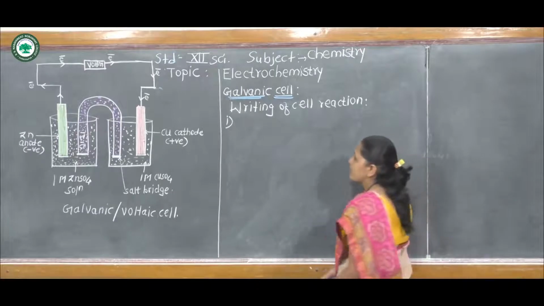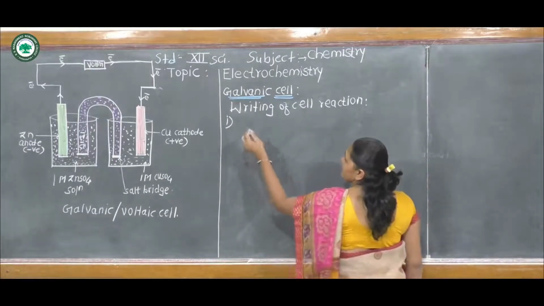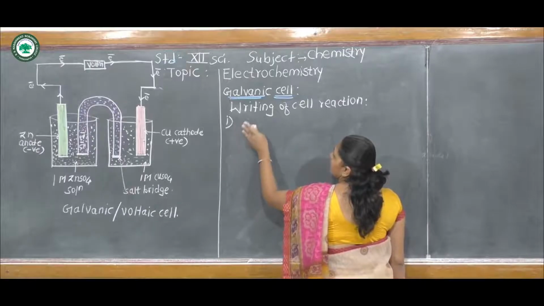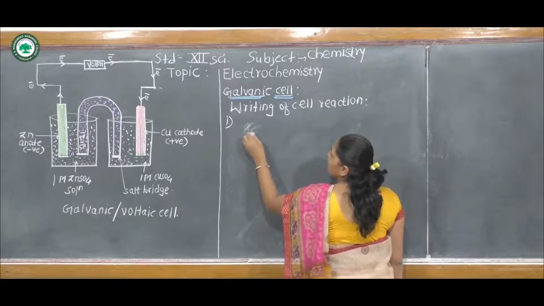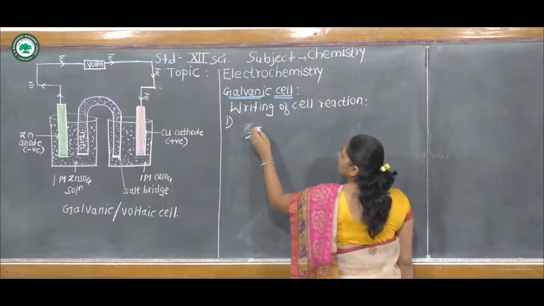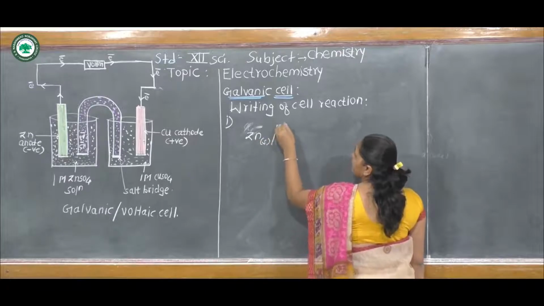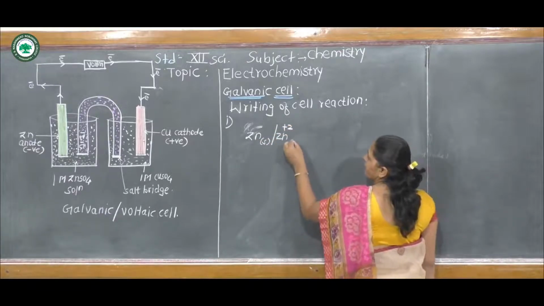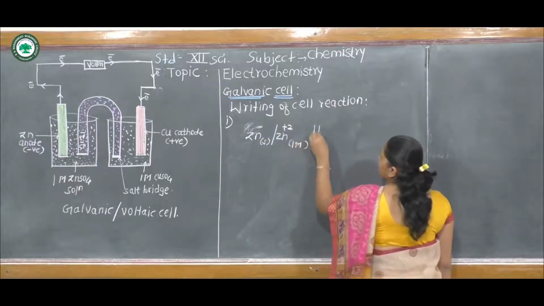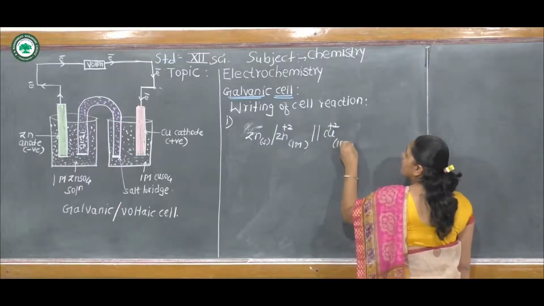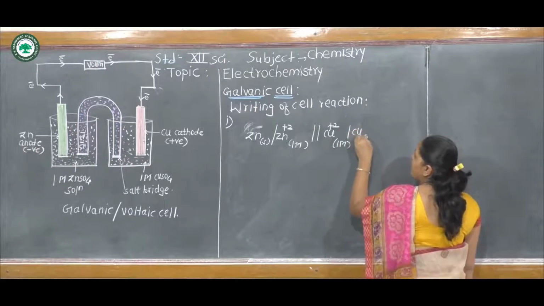For example, zinc electrode, zinc solid, zinc plus 2, 1 molar, double vertical line, copper plus 2, 1 molar and copper solid.